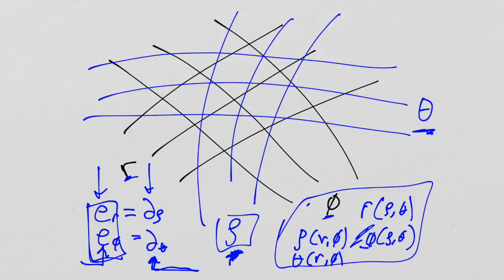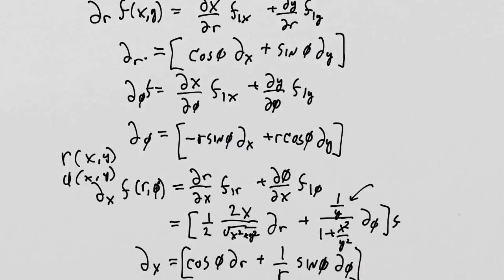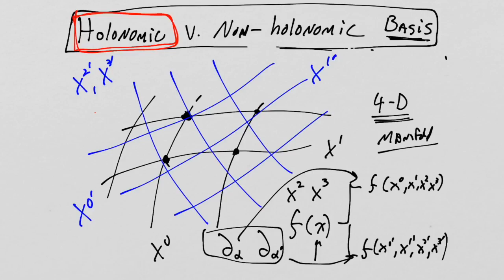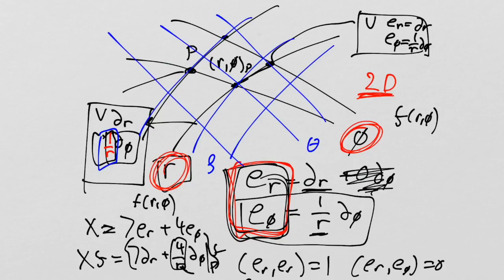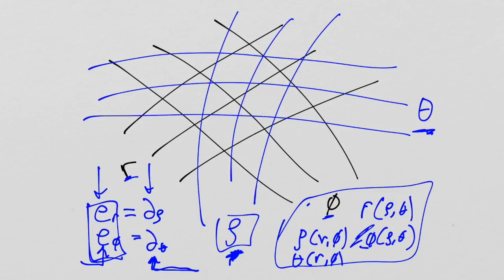But when you can do it, that would mean that this basis was holonomic, because there is a coordinate system out there that absorbs this basis as its coordinate basis. When you can't do it, that's when you have a non-holonomic basis system. And there are plenty of non-holonomic basis systems out there, and we will use many, I'm sure, eventually.